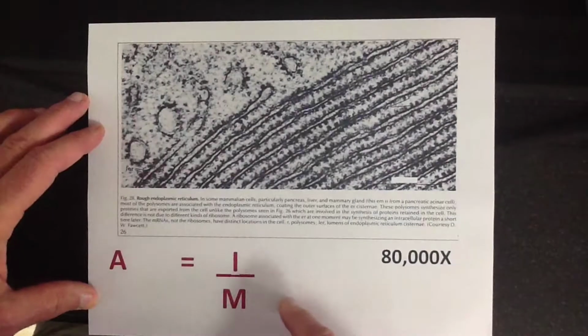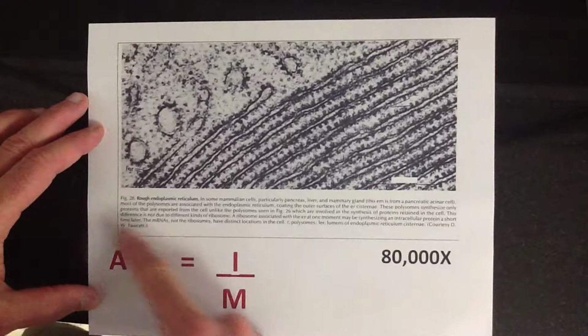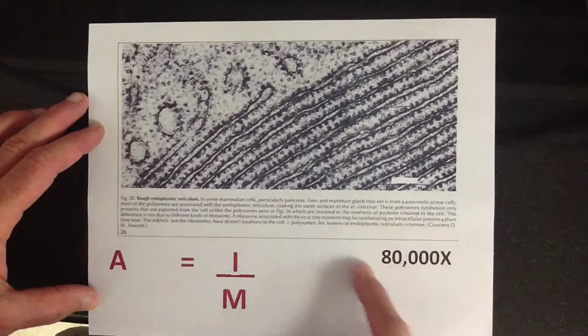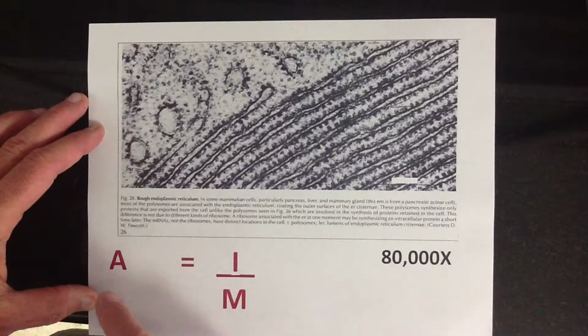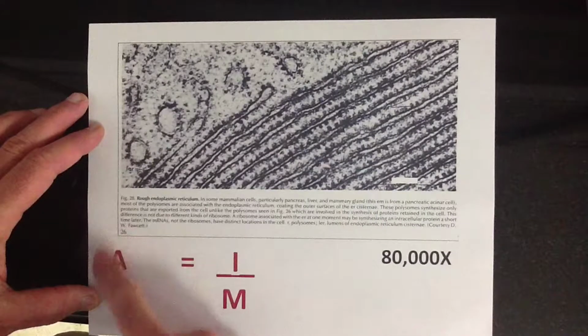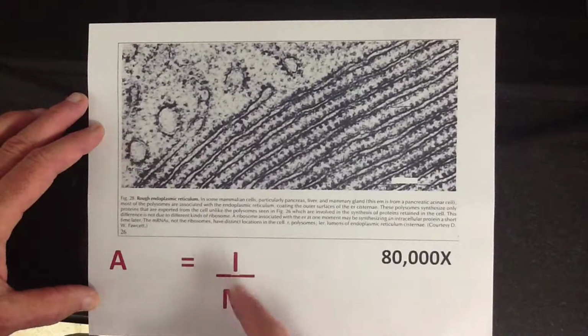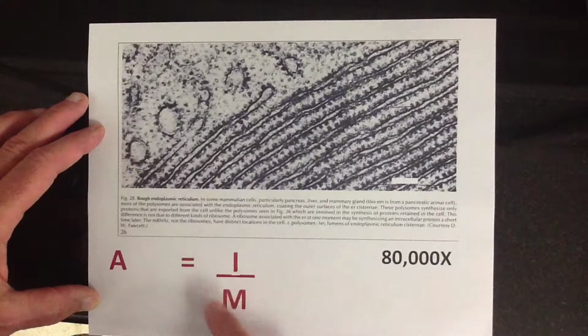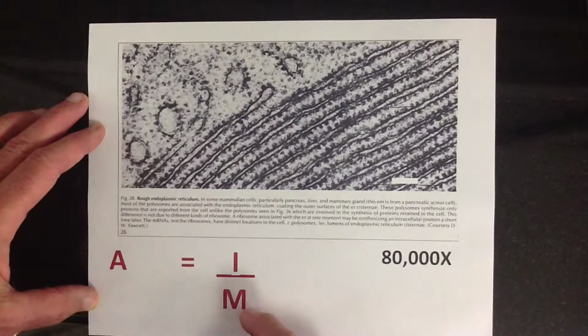You can rearrange the MIA formula to determine the actual size of an image when given the magnification, as you can see here. The algebraic rearrangement is quite simple. Actual size is equal to image size over magnification, AIM. Now I'm given 80,000 as the magnification, so I have a known denominator here for the mathematics.